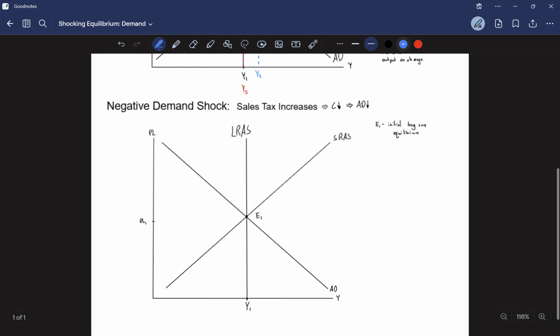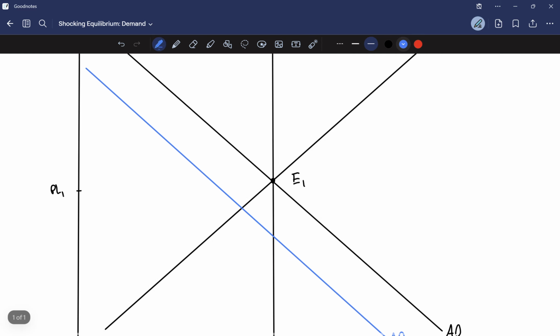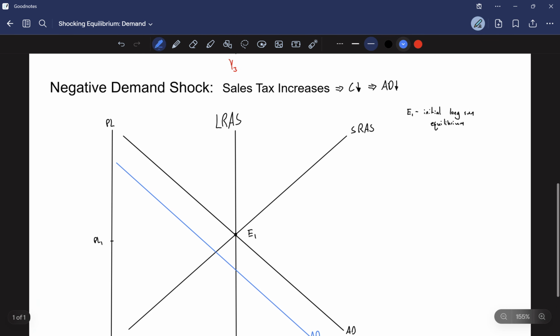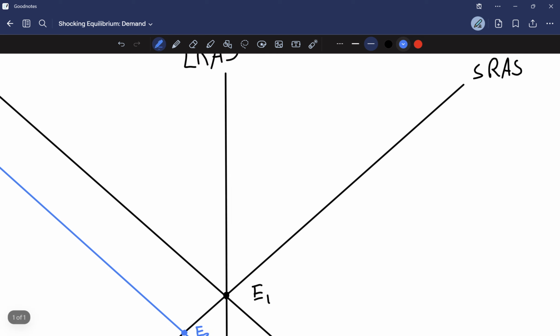How do we depict this on our graph? Well, aggregate demand is going to shift to the left, right here. We'll call this new curve AD1. Now, where aggregate demand 1 and short-run aggregate supply meet, this is our new equilibrium. We'll call it E2.